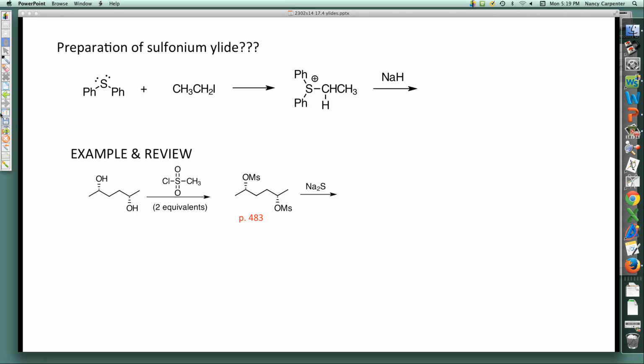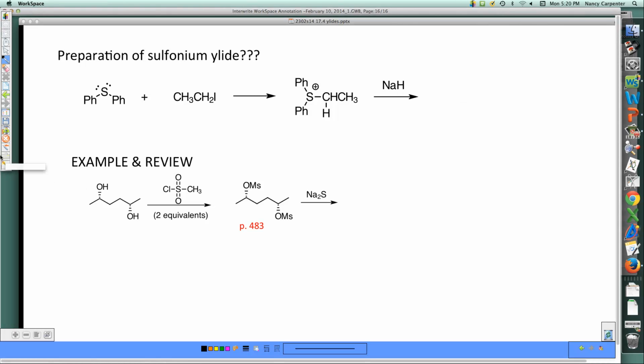Well, what you've done is you've made a tremendously good leaving group. Mesylate, mesylate, they both want to leave, and of course if I cross out my spectator ions, I've got, wow, a -2 charge on my sulfur.